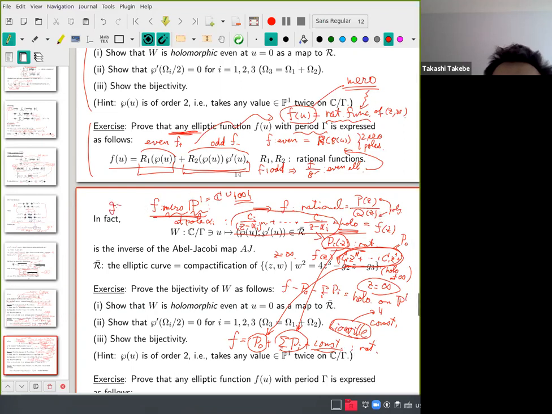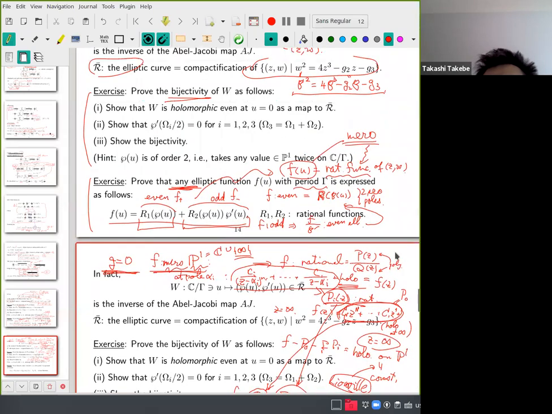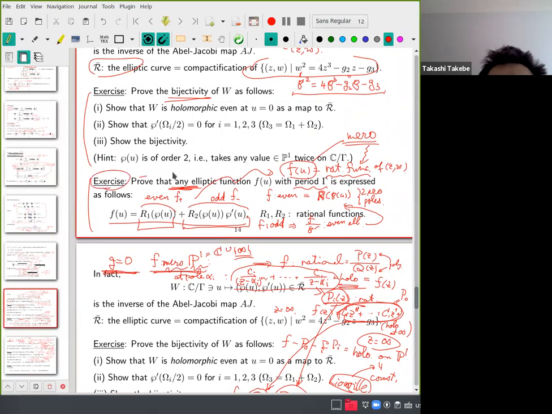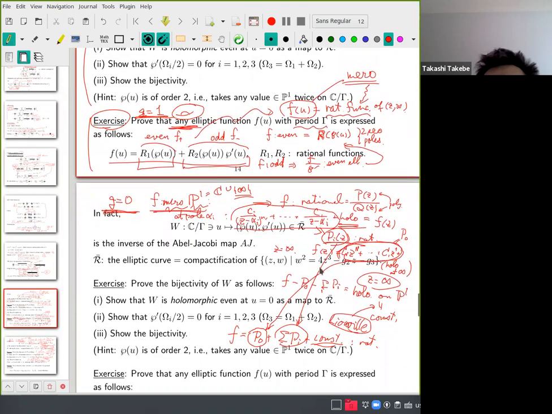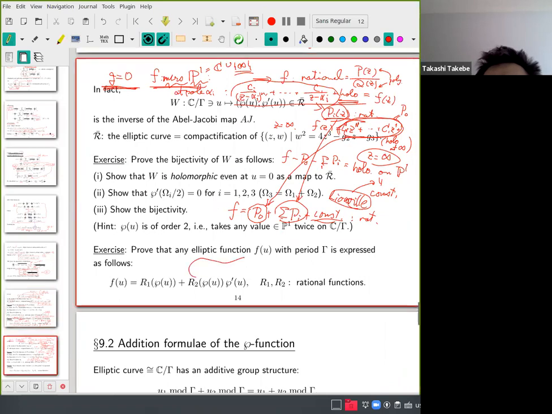So this is the theorem for genus 0 Riemann surface. This exercise problem is for genus 1 Riemann surface. And actually this is true even for any Riemann surface of genus g.